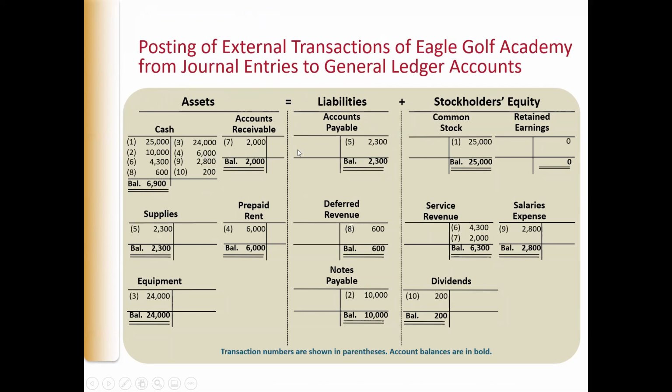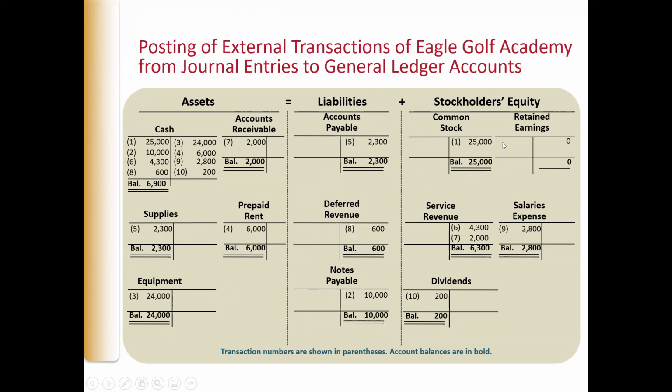Our liabilities are accounts payable. That weird one is the only one that doesn't have the word payable after it, called deferred revenue. And notes payable, those all have credit balances to increase them.